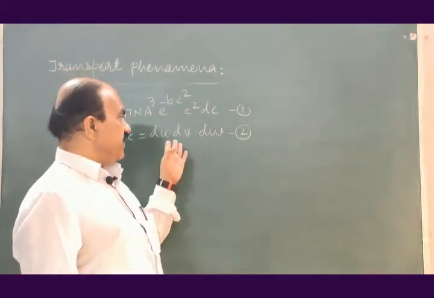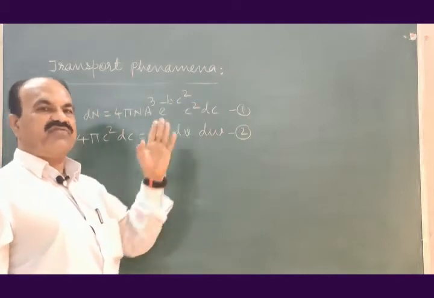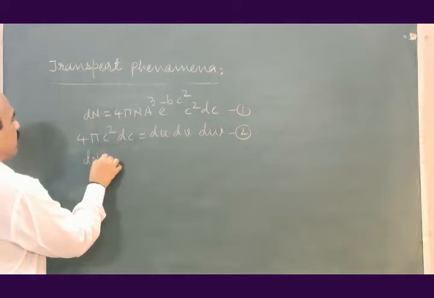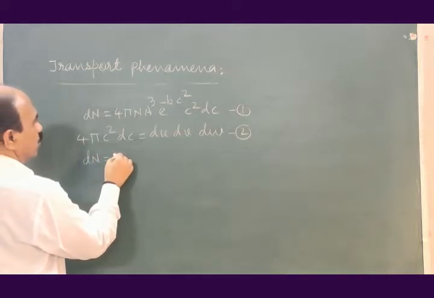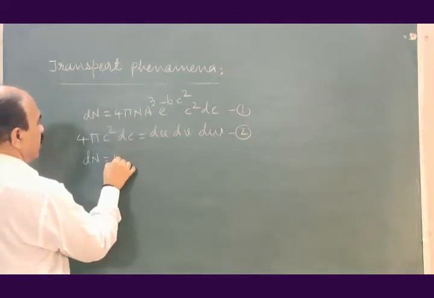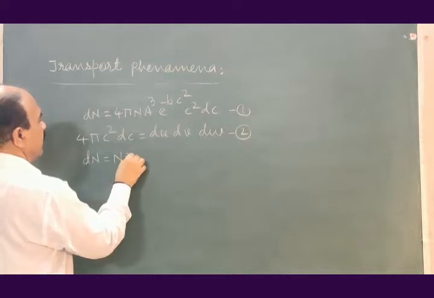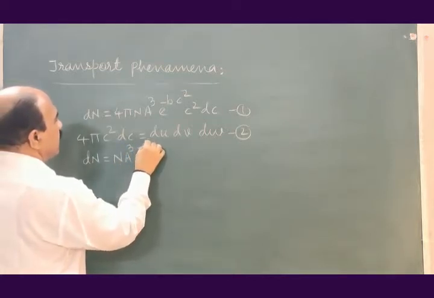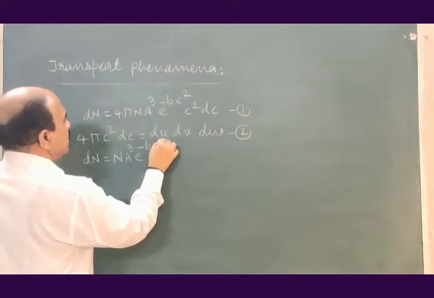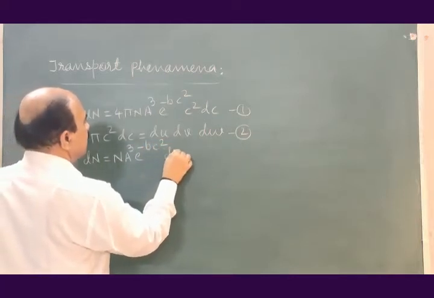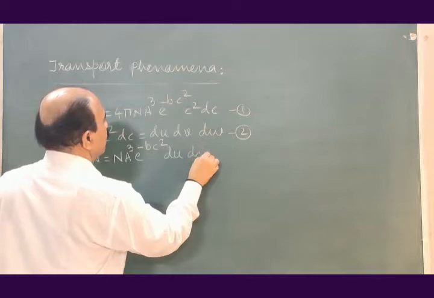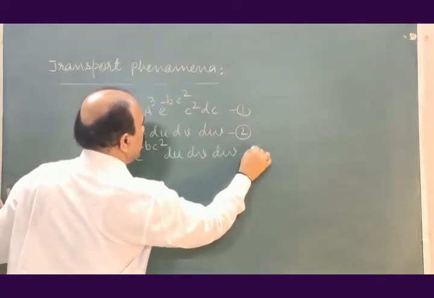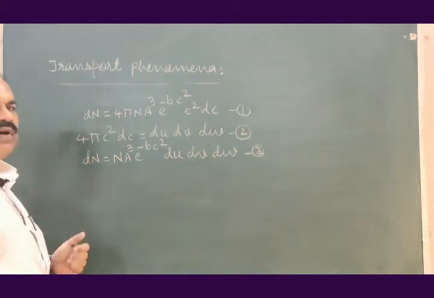So let us substitute equation 2 in equation 1 to get dn is equal to 4 pi n a cube e to the power minus b c square du dv dw, equation number 3.